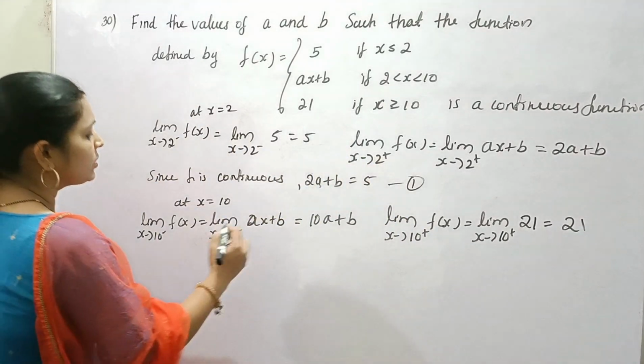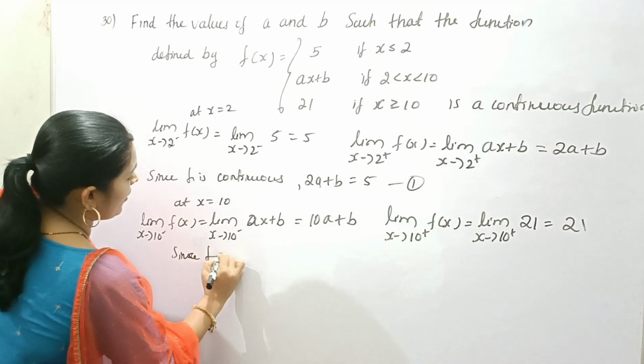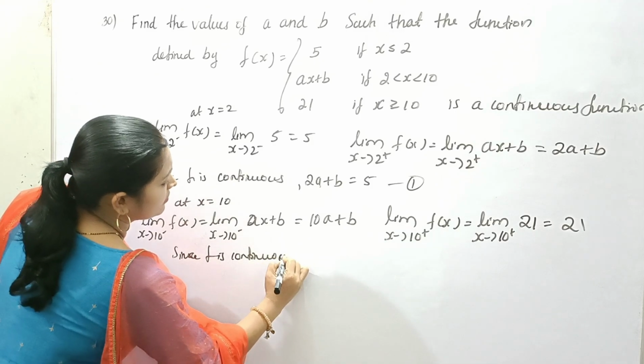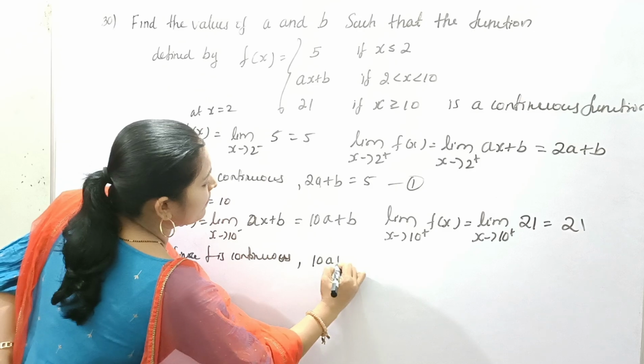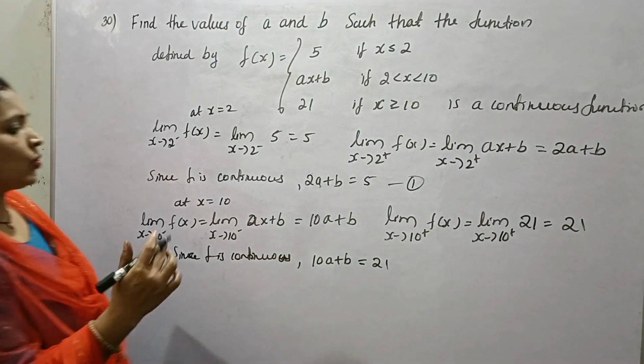Therefore, since f is continuous, 10a plus b is equal to 21. This should be equal.